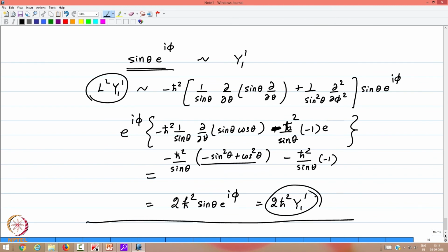The same thing can be verified for all the spherical harmonics which are listed all over the textbooks, and also in Wikipedia you can find the spherical harmonics given up to L equal to 9 and so on. In chemistry, we do not need to worry so much about L equal to 9 in the case of atomic orbitals, because L equal to 3 is the last we have, F orbitals is the most we have for the atoms.